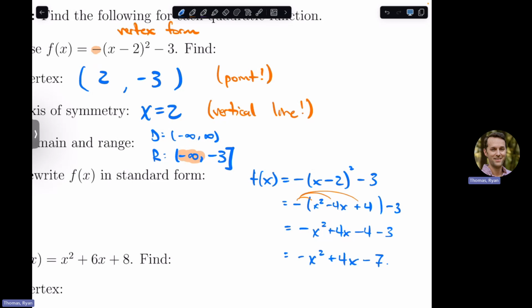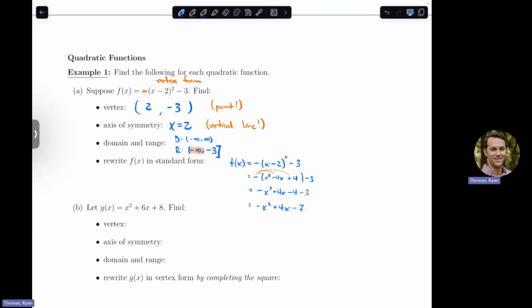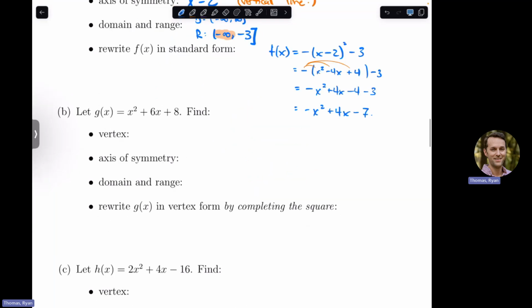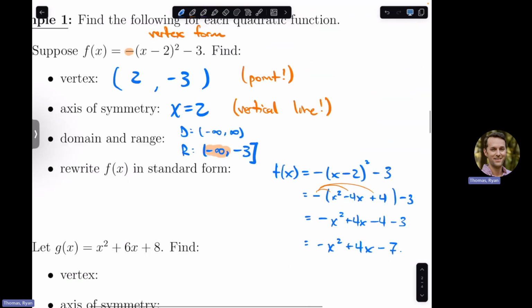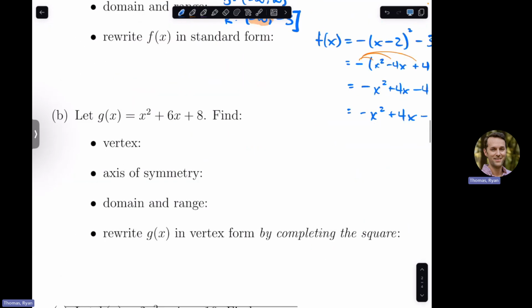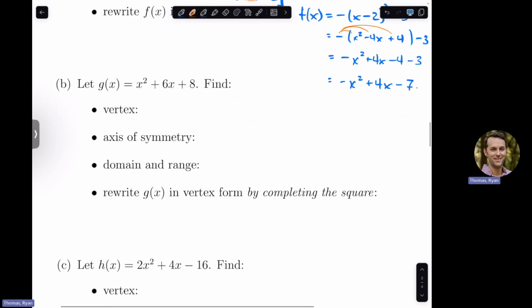So since that's negative, that tells me that this thing is opening down. The other information, again, we have to dig a little more to find, and there's a formula for finding the vertex if we're going from standard form. Everybody good so far? Okay. All right, well, here's one in standard form.